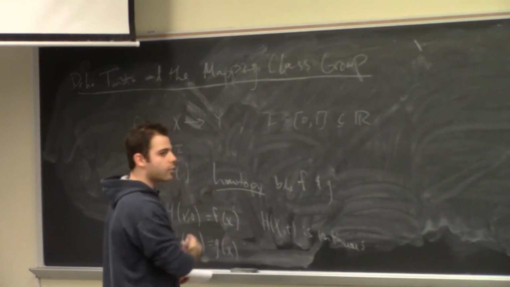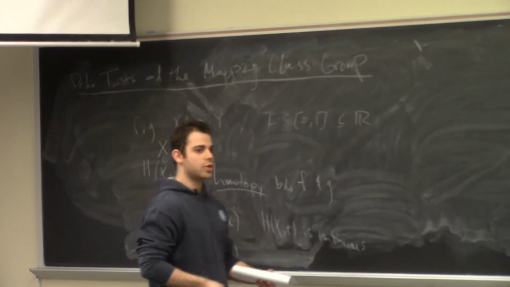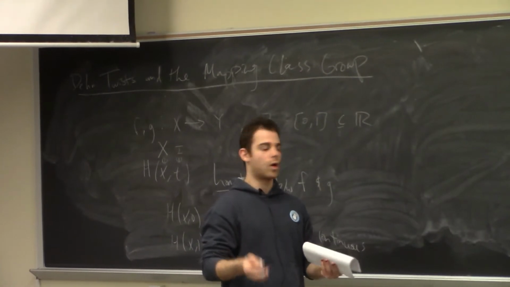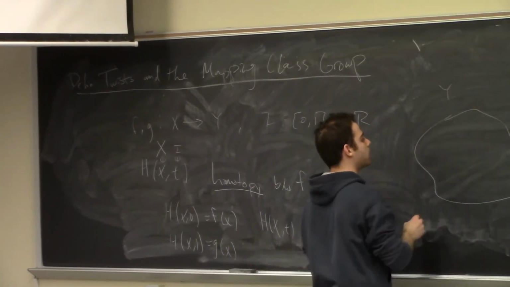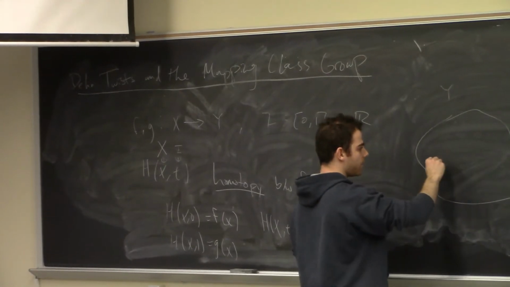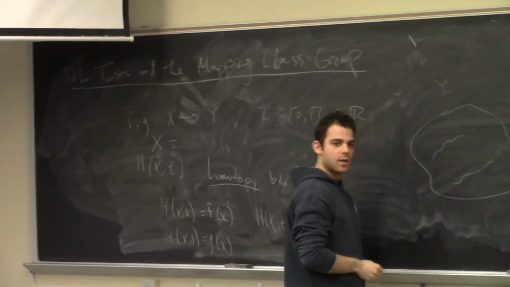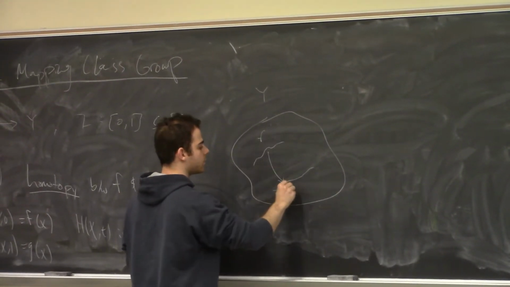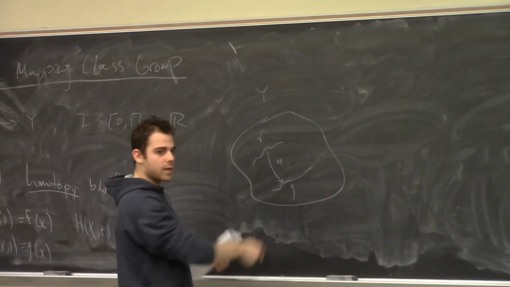So what this looks like is we can look at how f and g trace out paths in Y. If this is my topological space Y, and let's say f looks like this, as a function, and g looks like this, then H is a map which continuously deforms f into g.